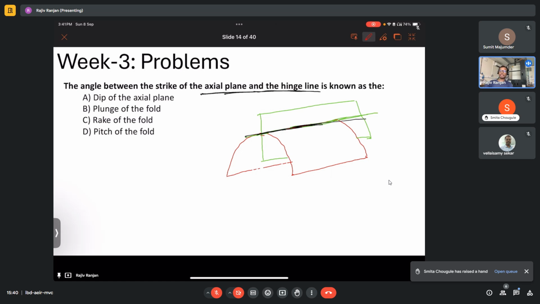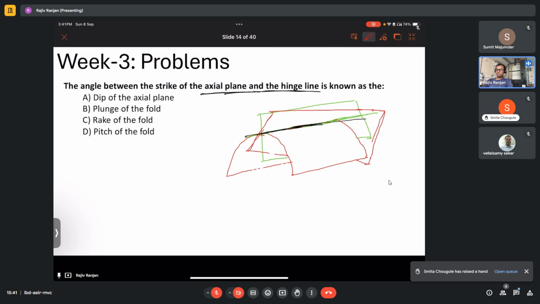Let's take a different angle. Like this, it will go something like this.